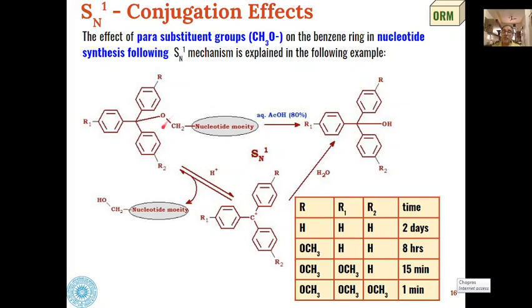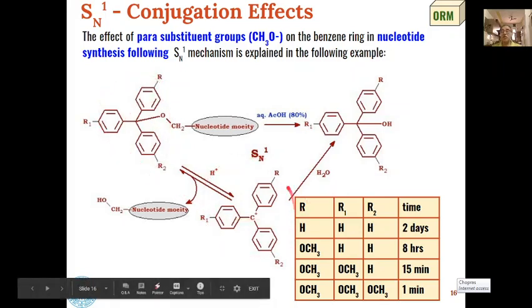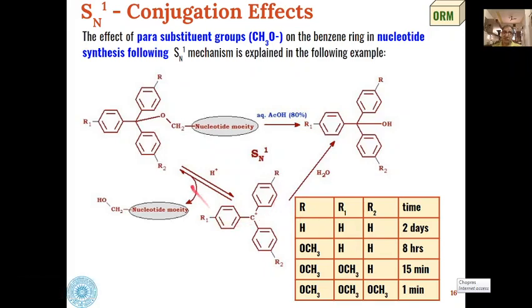This bond will undergo substitution, and this will hydrolyze to give us the corresponding alcohols. Basically, when the reaction takes place by the SN1 mechanism, this bond will break and we will get this type of carbocation formed in the process, and this nucleotide moiety will be removed as alcohol.